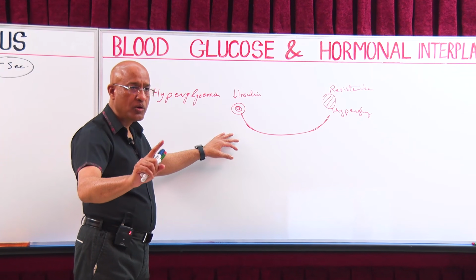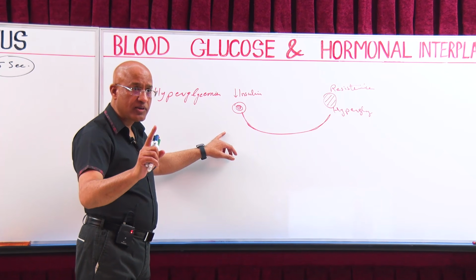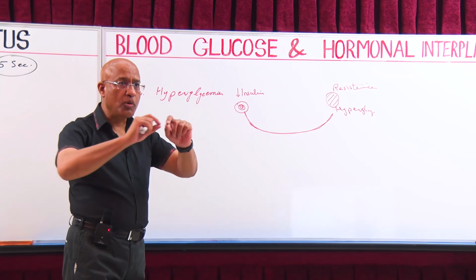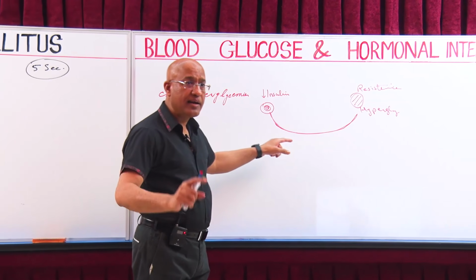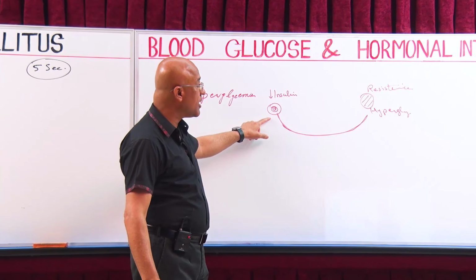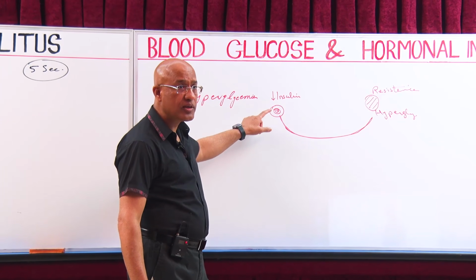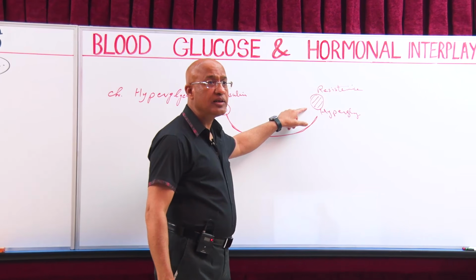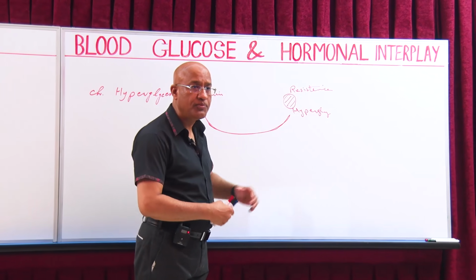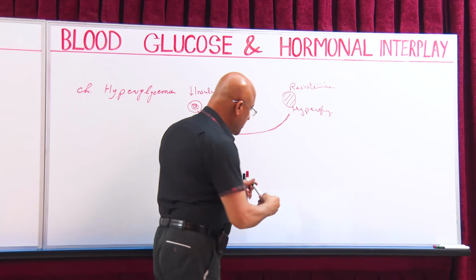What I said up to now is that diabetes mellitus is a group of diseases. The common thing in all of them is hyperglycemia. And in this hyperglycemia, what is there? Either there is reduced production of insulin or there is increased resistance to the action of insulin. Let me put it here.